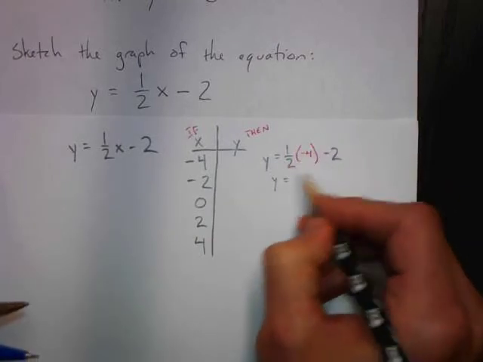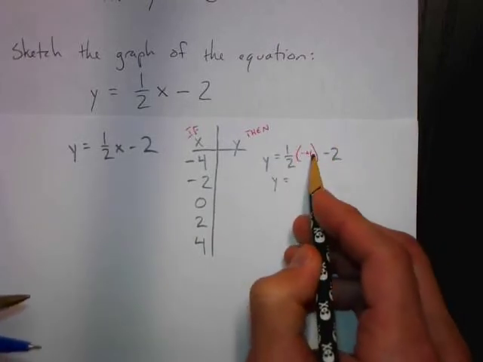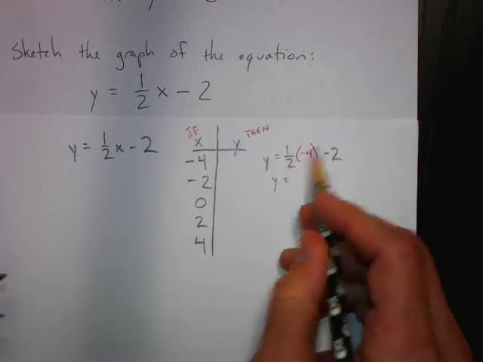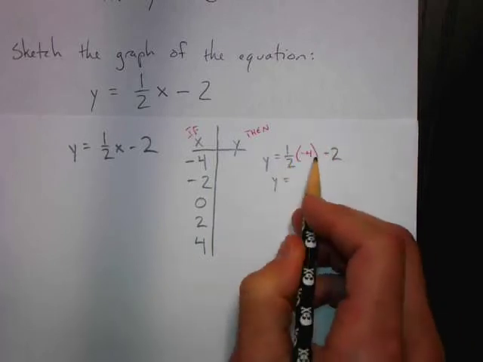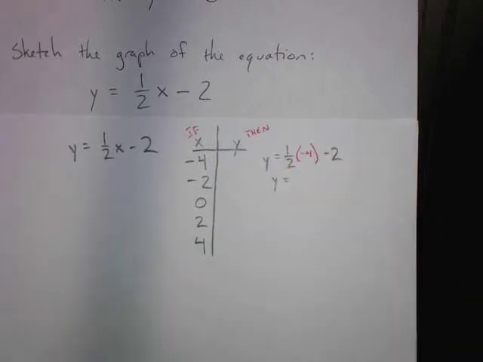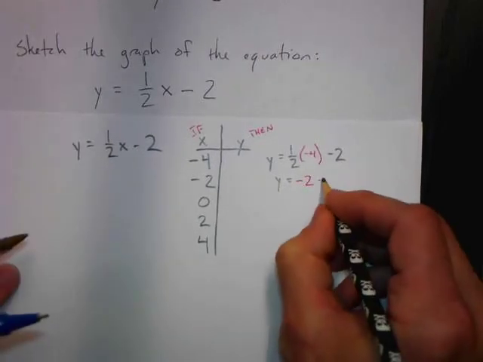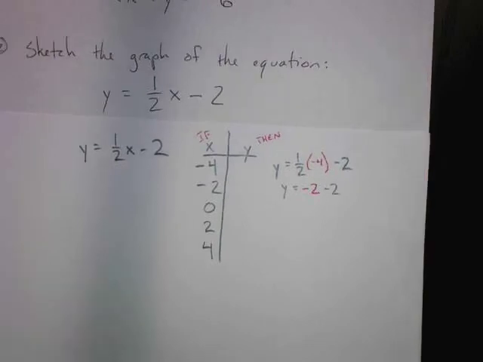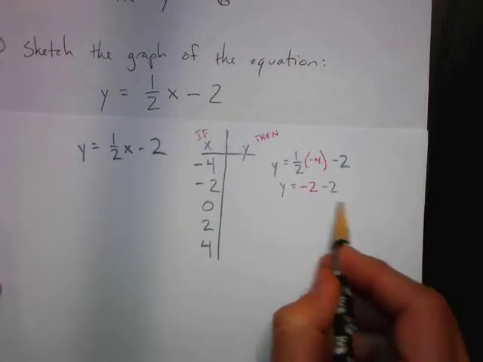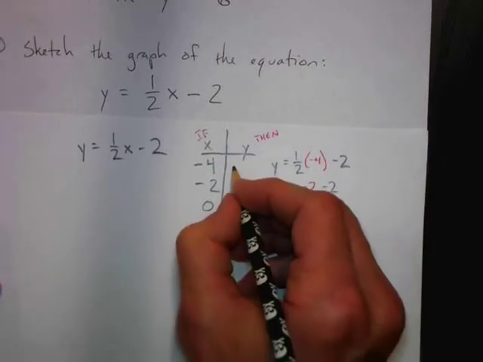Whichever way you work this out, you know 1/2 of -4 is going to give you -2. And then we have our minus 2 at the end. And so y would be equal to -2 minus 2, and that of course is -4.